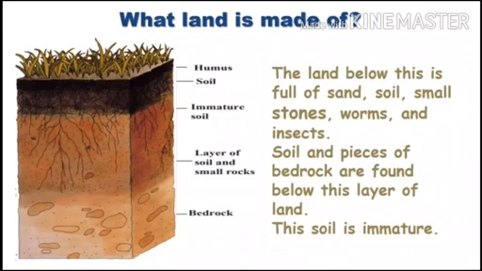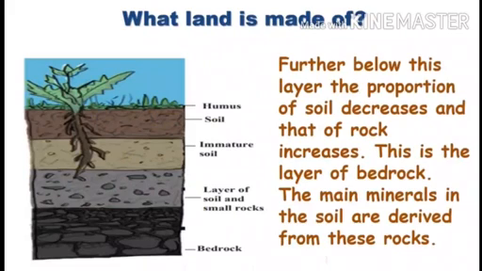This soil is immature. Further below this layer, the proportion of soil decreases and that of rock keeps increasing. This means that below the layer of soil, the amount of rock increases and bedrock is formed.